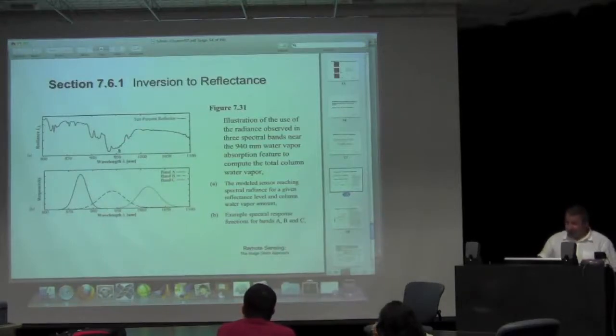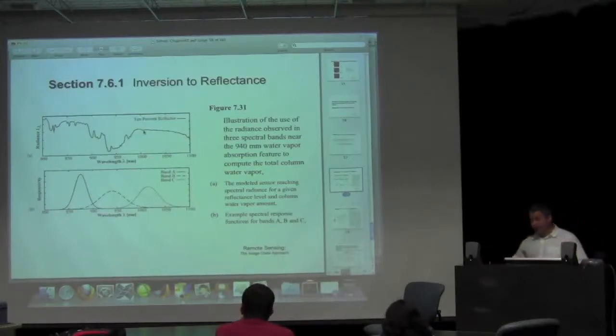All right, so imagine this. If I integrated these three spectral response functions, I get 3 points. Okay? If I took a look at this point from the band to the left of the water vapor absorption line, and this point over here, the one to the right of the water absorption line, and I thought about what the sun should look like, I should just connect those 2 points.